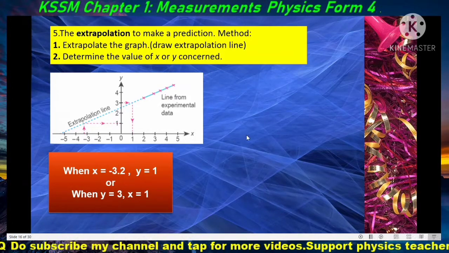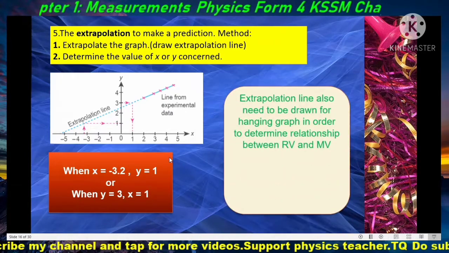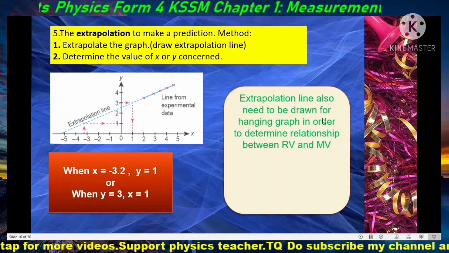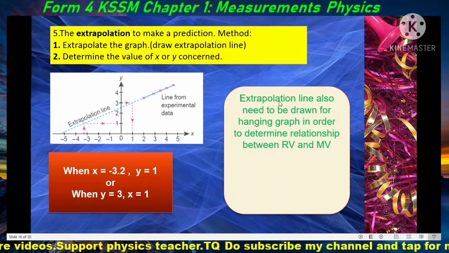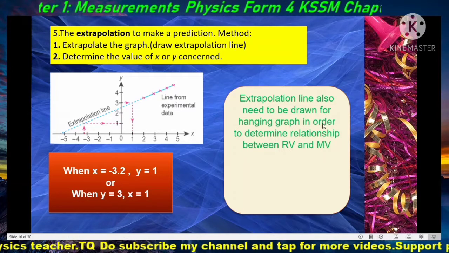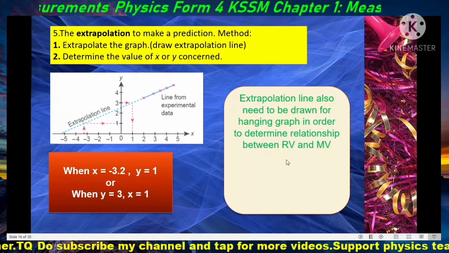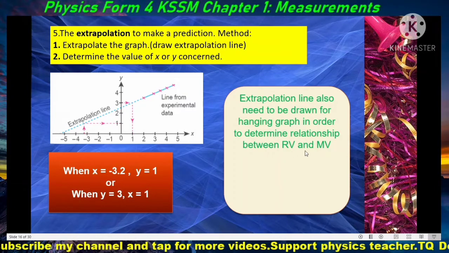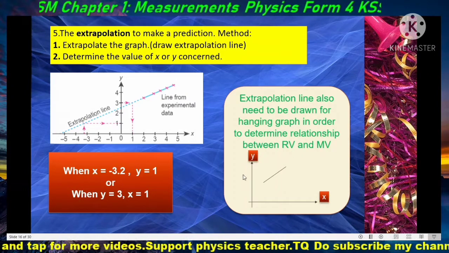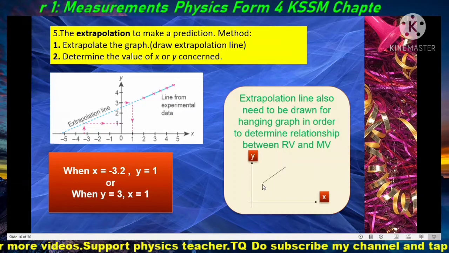Okay, look at more examples on this. Sometimes an extrapolation line also needs to be drawn for a hanging graph in order to determine the relationship between the responding variable and the manipulated variable. Let's say given a graph like this. This is a hanging graph.